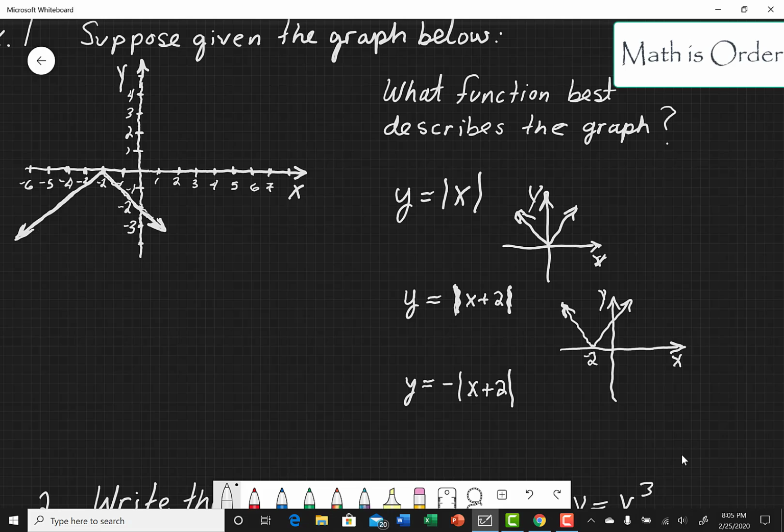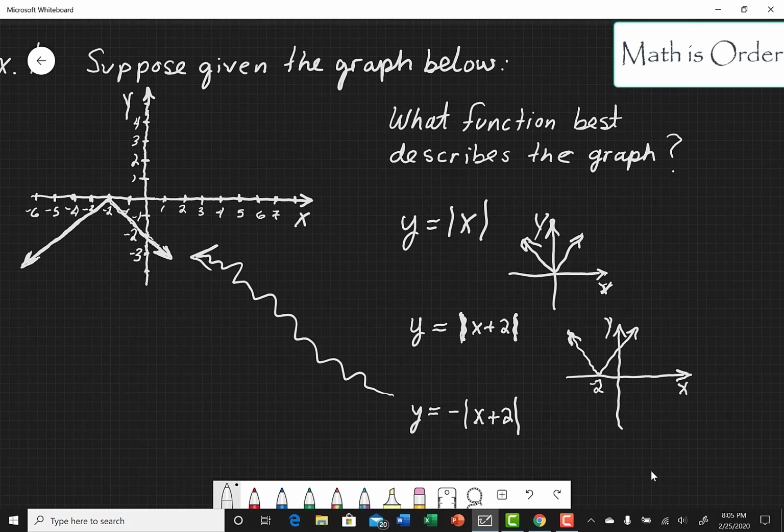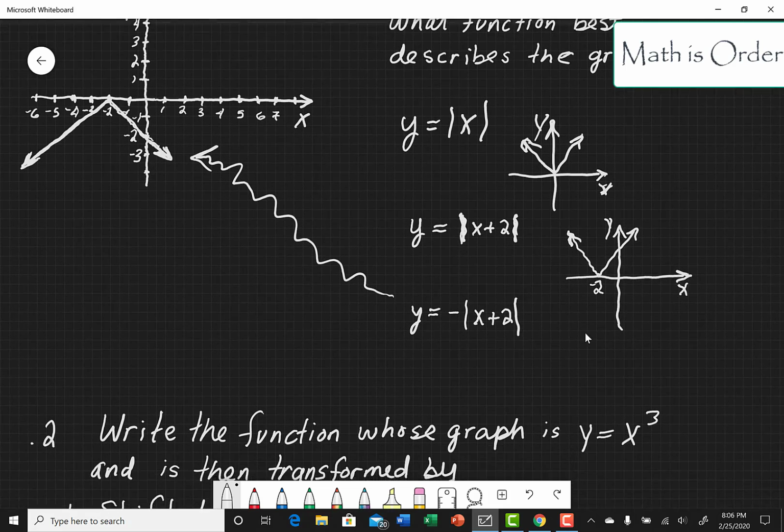So the final function here is the transform function for this graph. All right, so this is one type of question that's common related to transformations of functions, to recognize, if given a graph, what is the form of the function that matches this graph. All right, let's look at another question.